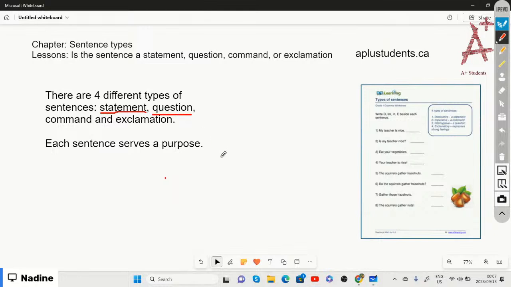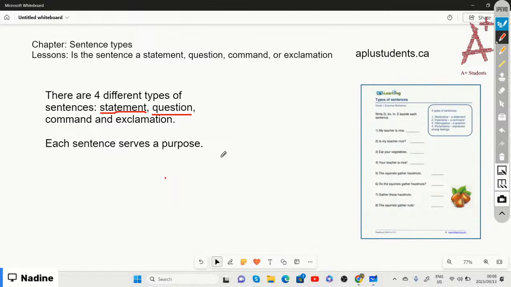A question asks questions, and with asking questions, the person asking expects a response. If your mom asks you, how was your day? You might respond, I had a good day, or my day was not so good.